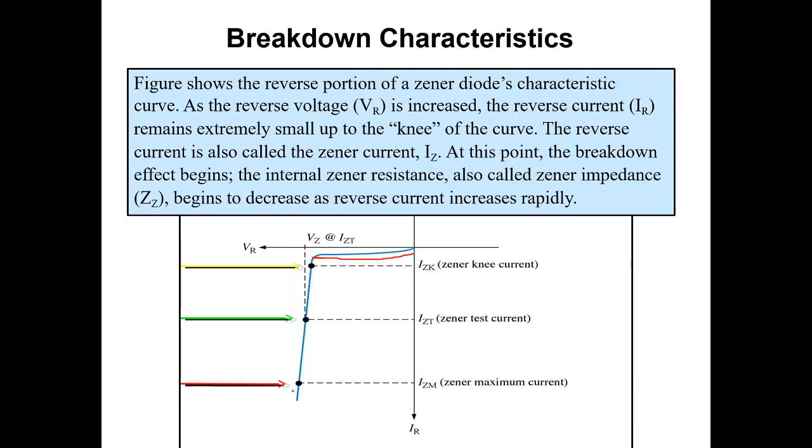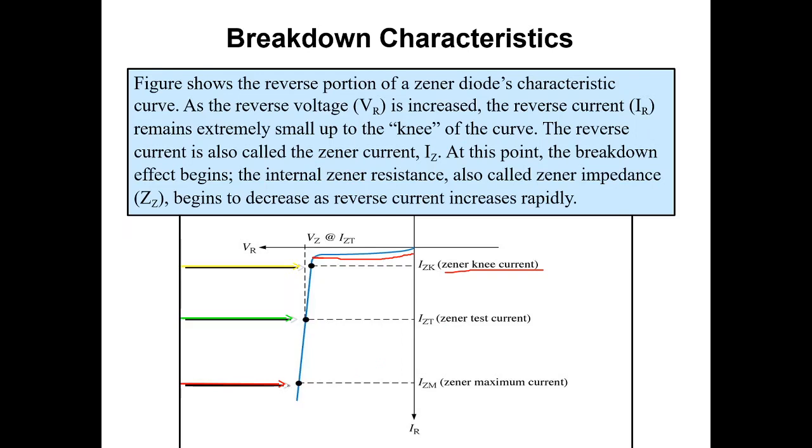Where the current starts to increase, that current we call the Zener knee current. Wherever it reaches the medium point, that is called the Zener test current.